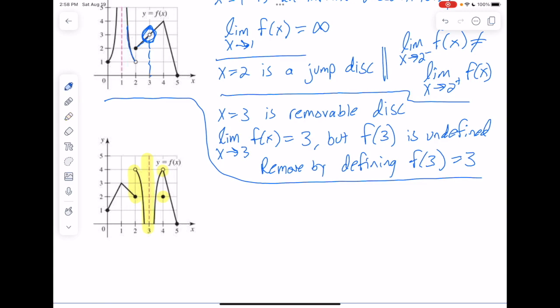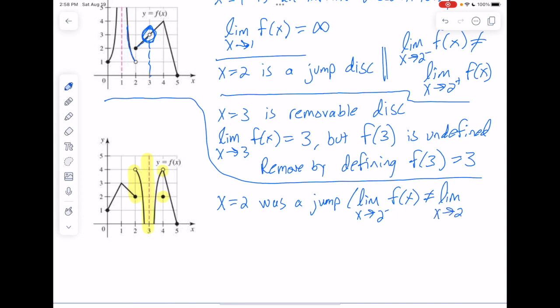Let's write them up. The first one was at x equals 2. That was a jump. And it occurred because the limit from the left did not equal the limit from the right. And then what else have we got? x equals 3 is an infinite discontinuity.